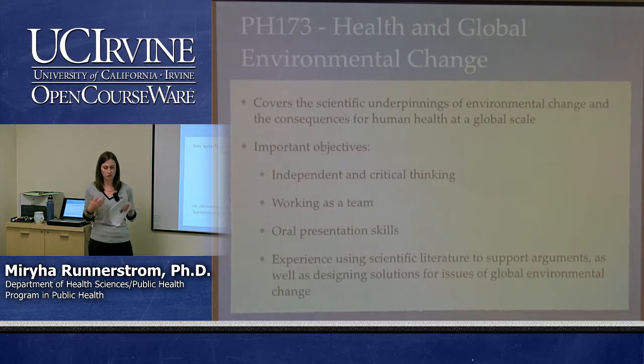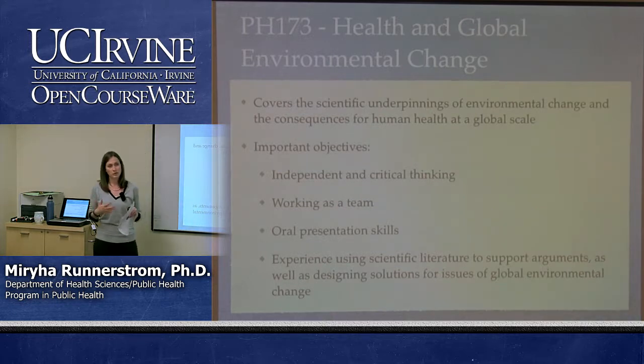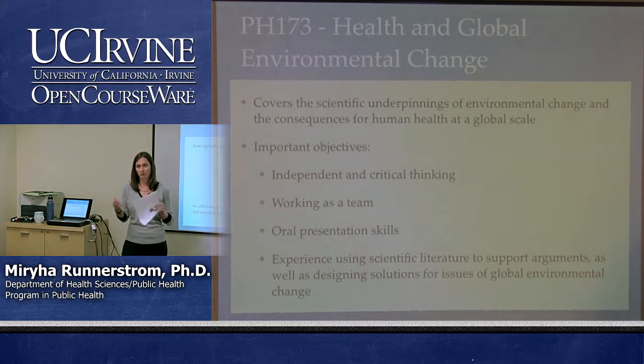So they pick their own teams, 5 people, and they work all quarter as this team to write a proposal for a project. They write a 12-page research paper, and they also give an in-class presentation for 10 minutes about the results of their research. And the idea with this paper is that they pick a country and they pick 5 different global environmental problems that are happening, and they try to figure out real solutions to these problems.